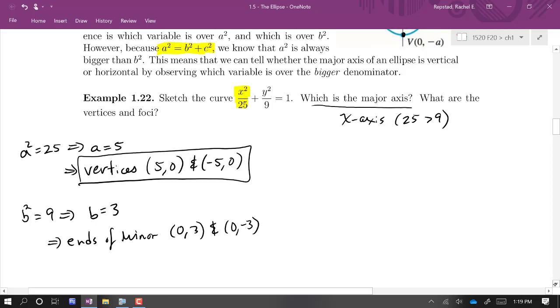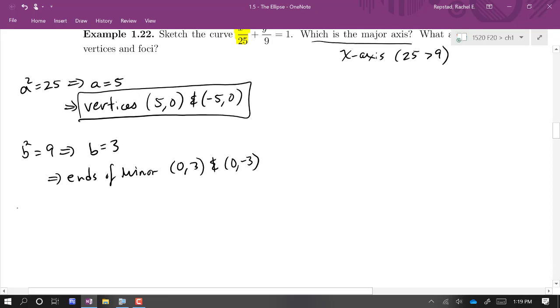And then to get the foci, we need to find the value of c. That's where we're going to use the equation a squared is equal to b squared plus c squared. That means c squared is equal to a squared minus b squared.